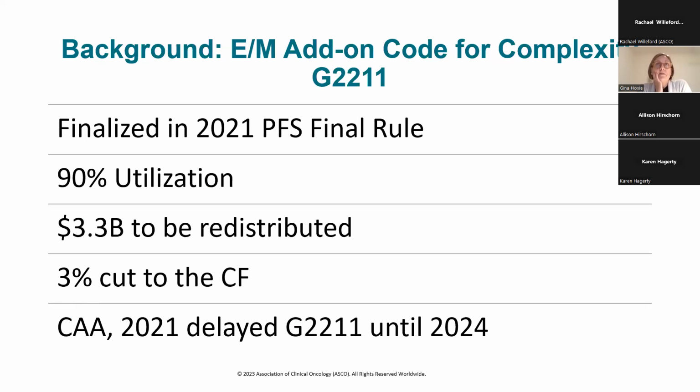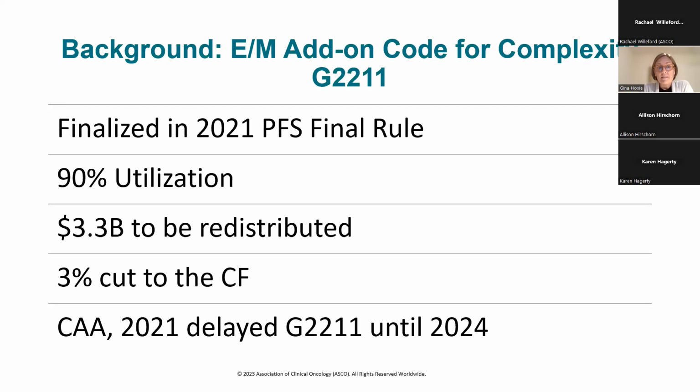So the bulk of the budget neutrality adjustment has to do with the new add-on code for evaluation and management services for complex patients. This is G2211. This is a code that was finalized in the 2021 final rule, along with all those other office and outpatient E&M changes.